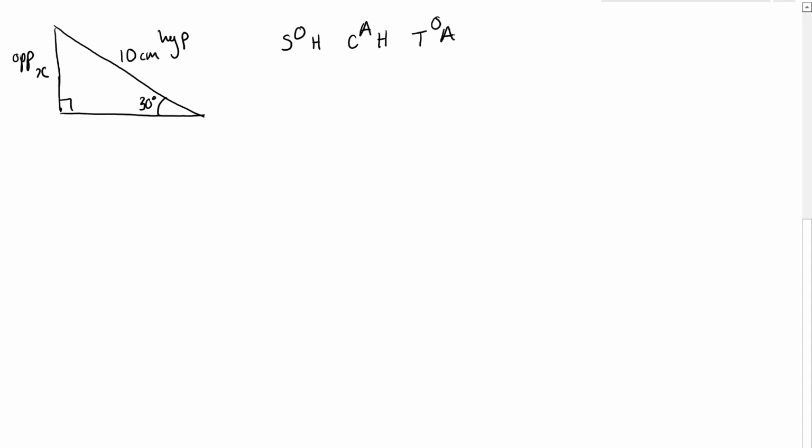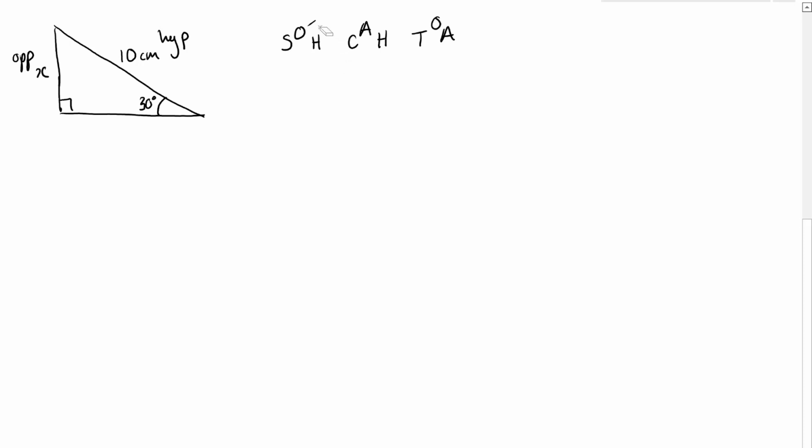Remembering the phrase SOHCAHTOA is a lot easier than remembering sine of theta is opposite over hypotenuse and so on. The way I've drawn these is to show you, taking the sine example, that sine of the angle is the opposite on top and the hypotenuse on the bottom. That's why I've drawn the opposite up here and the hypotenuse down here.